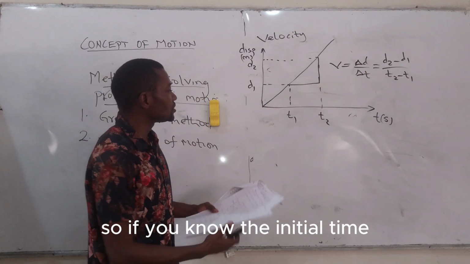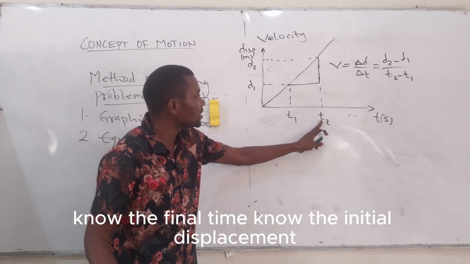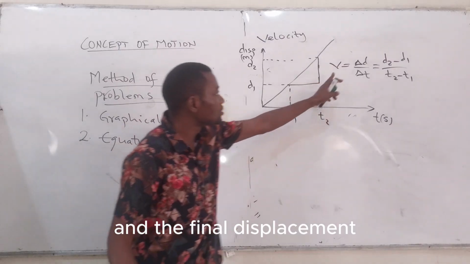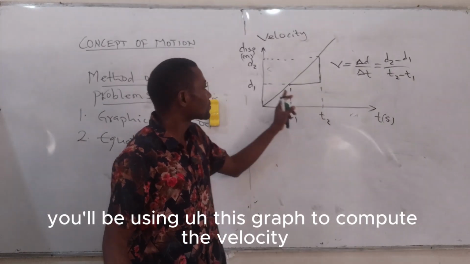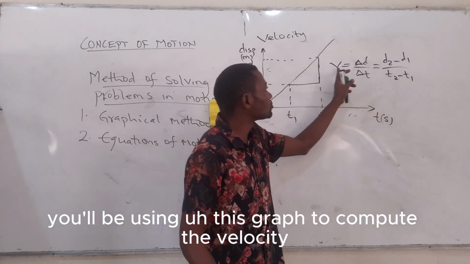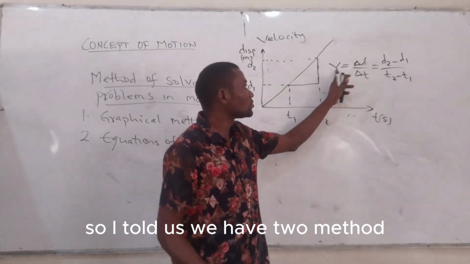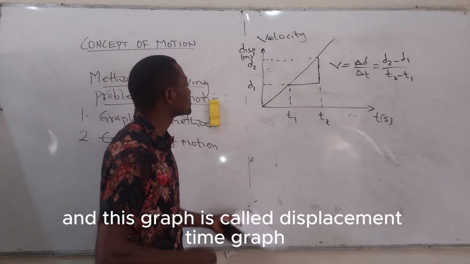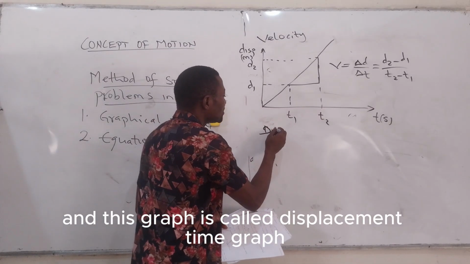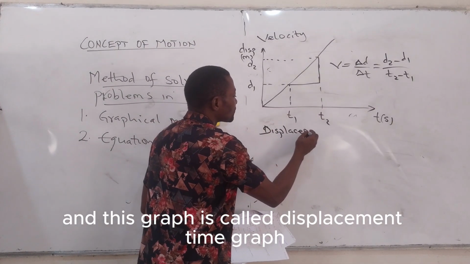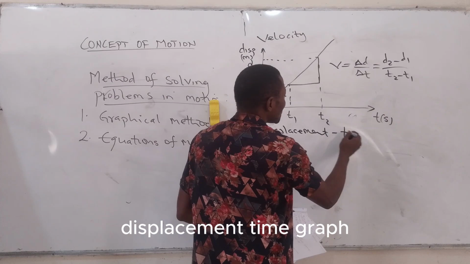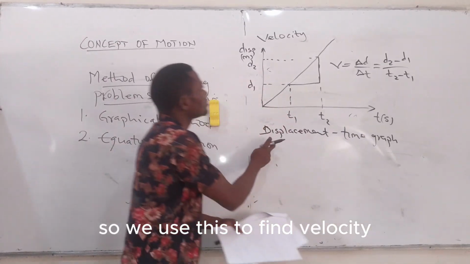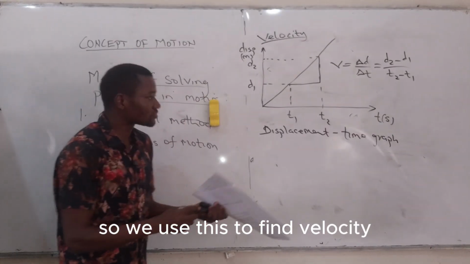So if you know the initial time, the final time, the initial displacement and the final displacement, you will be using this graph to compute the velocity. I told us we have two methods. This is the graphical method. And this graph is called the displacement time graph. So we use this to find velocity.